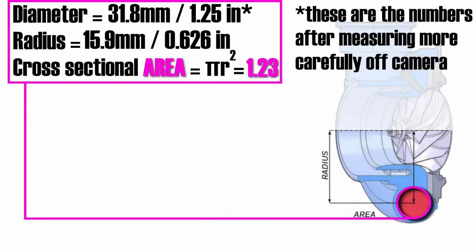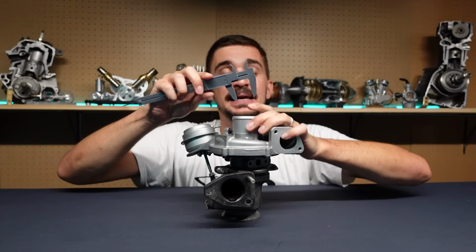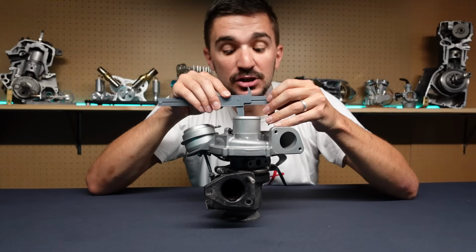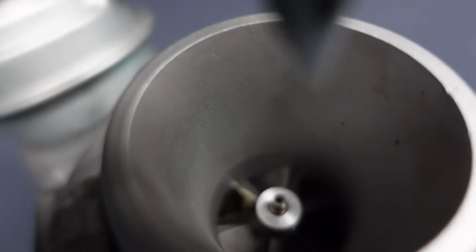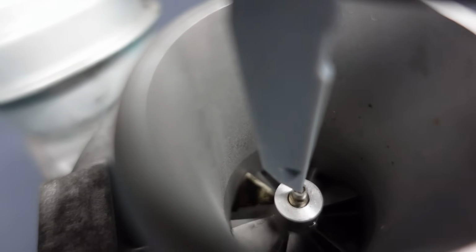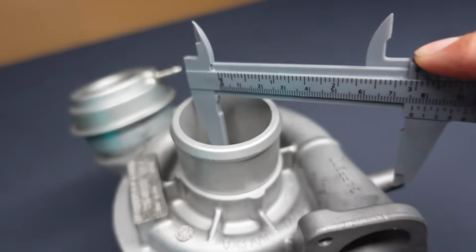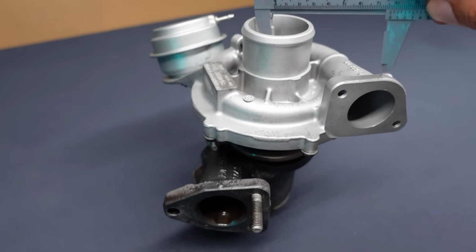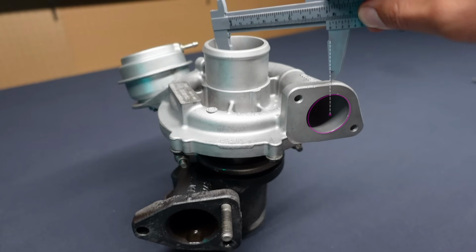The radius, so area over radius, the other radius comes from the very center of the turbo axis, or the center of the compressor wheel, up to the center of that cross-sectional area.